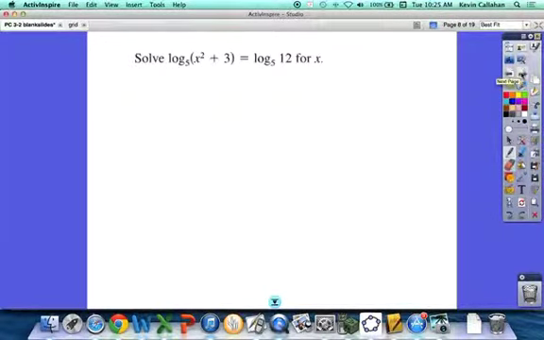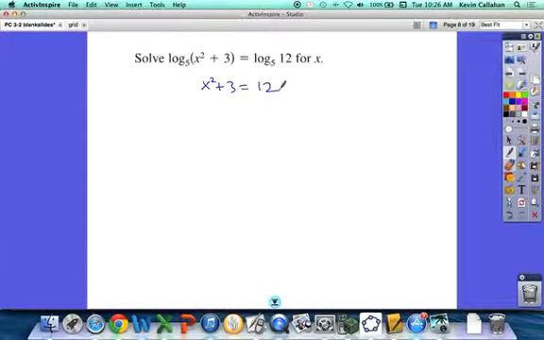Okay, and here's a solve. This is using the fourth property, the one-to-one property, which is similar to the one we did for exponentials. If a log base 5 equals a log base 5, then what do you know about the arguments of those logarithms? They're equal. So you make an equation: x squared plus 3 equals 12.